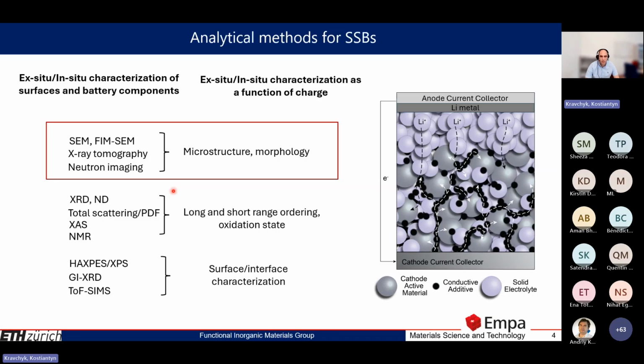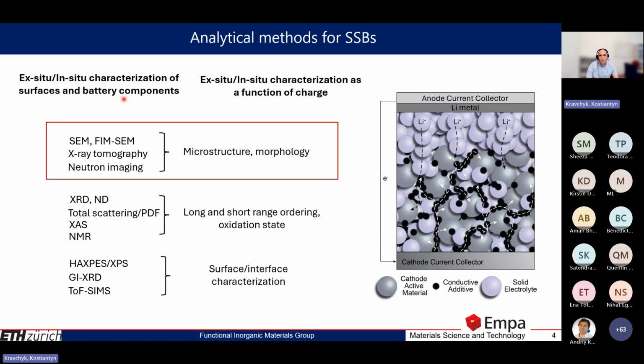Before I start talking about all these things, I just want to mention that in principle, you can recategorize these three pillars into two pillars, which is basically characterization of battery components as they are, or as they are prepared, and also as a function of charge.